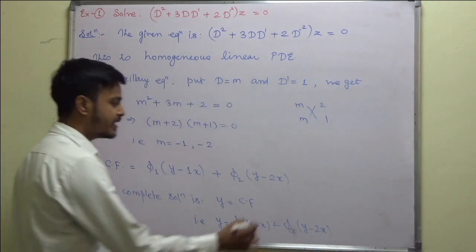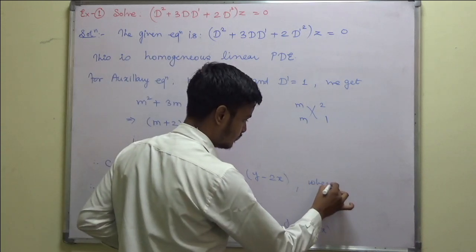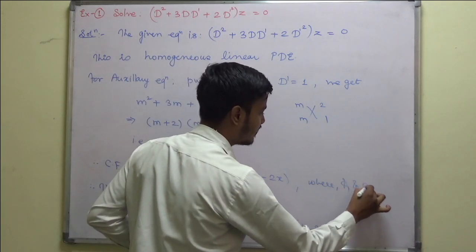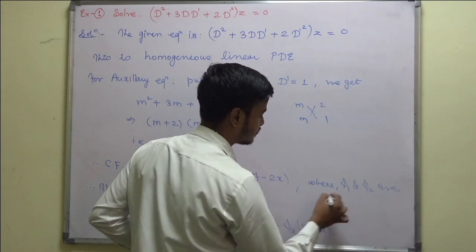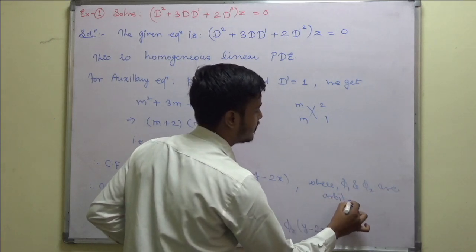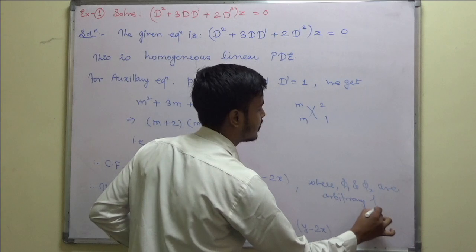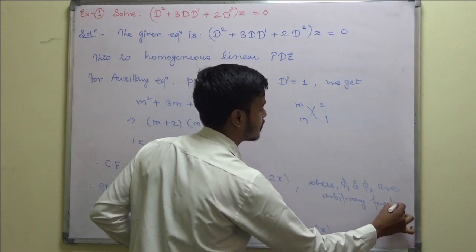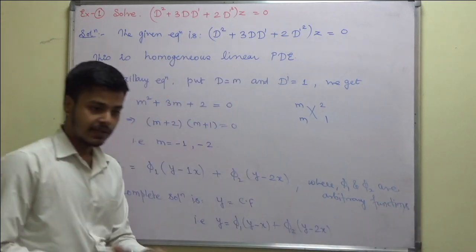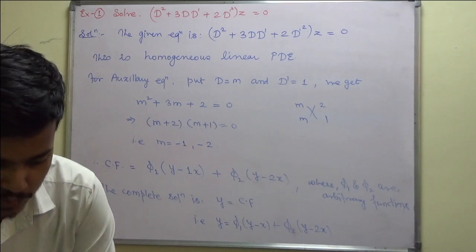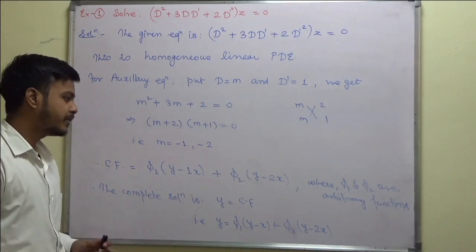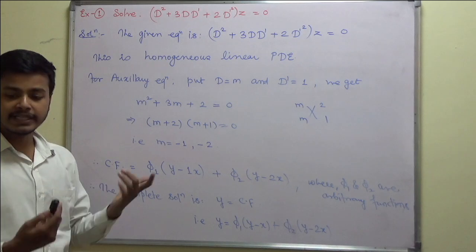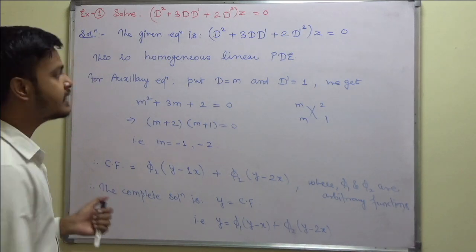Don't forget to write where phi 1 and phi 2 are arbitrary functions. Okay, so this is nothing but the solution of this problem. Now let us take more problems on this.